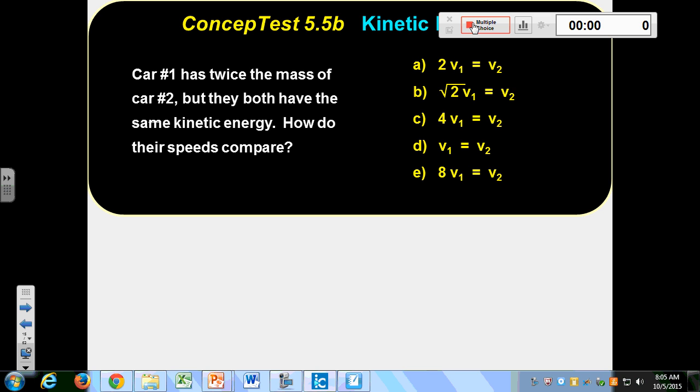Car number 1 has twice the mass of car number 2, but they both have the same kinetic energy. How do their speeds compare? The kinetic energy is 1/2 mv squared.